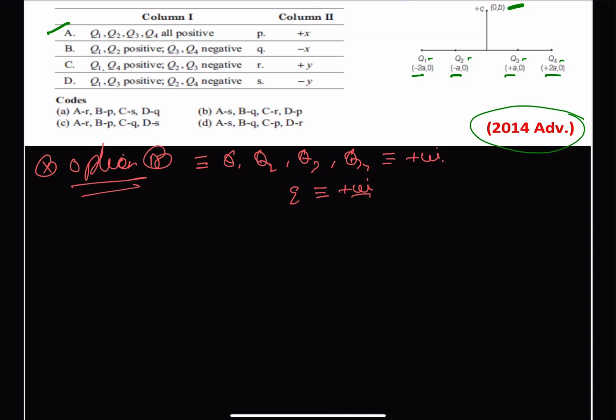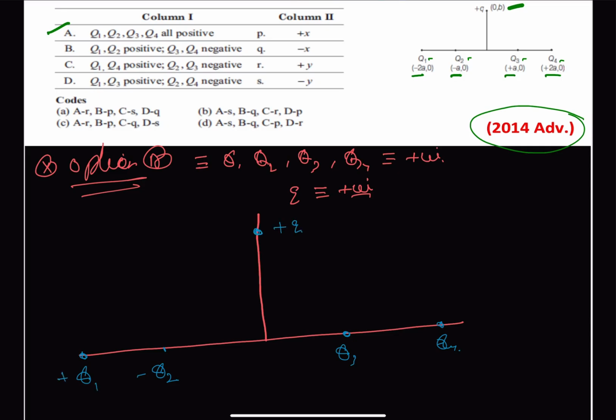Therefore we can just draw an approximate figure for that, and we have charge Q1, charge Q2, then we have Q3, and then Q4, and this is our plus Q. Here all these charges are positive. So because of that, the electric field at this positive charge because of Q1 will be in this direction.